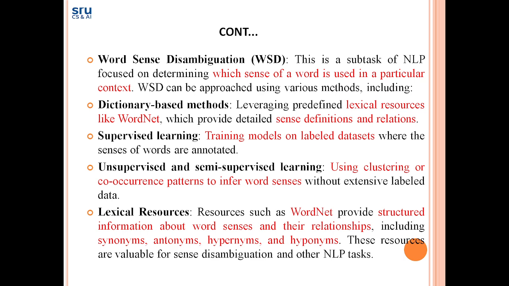Dictionary-based method: here, lexical resources like WordNet provide detailed sense definitions and relations. Supervised learning: training models on labeled data. Unsupervised and semi-supervised learning: it utilizes clusters and co-occurrence patterns to inform word senses.